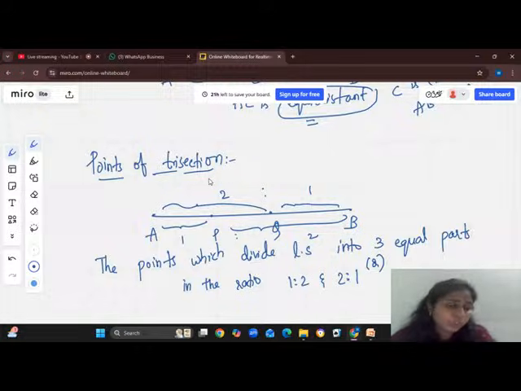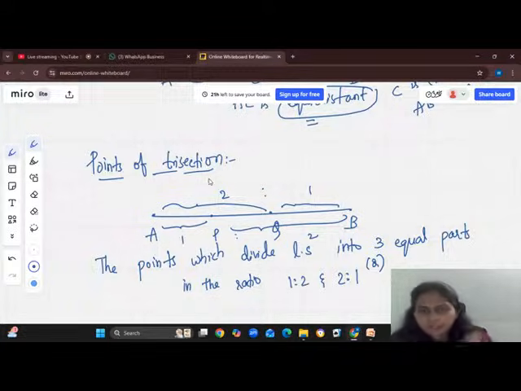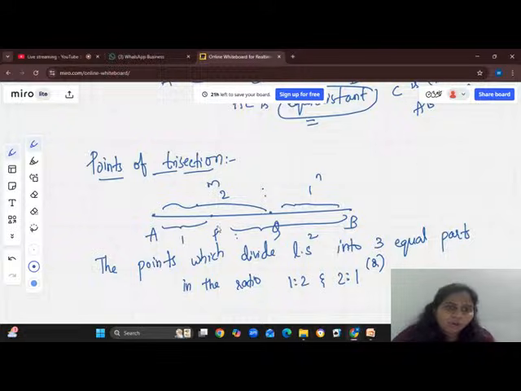Sometimes in the question they don't give you M and N, and they will tell that line is being divided in the points of trisection. If you see this name, happily go divide it into 2:1 or 1:2 and solve it. You take your M as 2 and N as 1 and solve it, or you can take M as 1 and N as 2 and solve it.